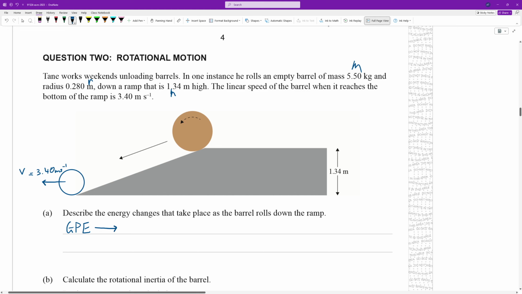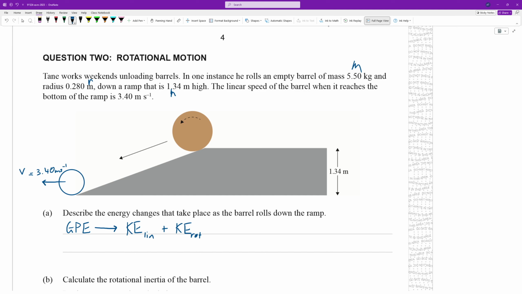And then what does that gravitational potential energy convert into? Well, it starts moving, so it's got kinetic energy, and it's translating, so it's got linear kinetic energy, and it's rotating, so it's got rotational kinetic energy. And are we done?